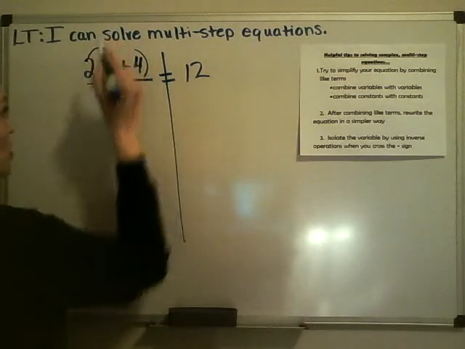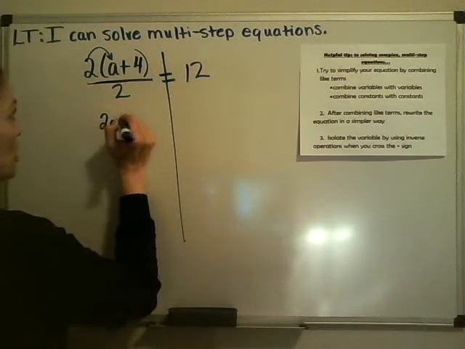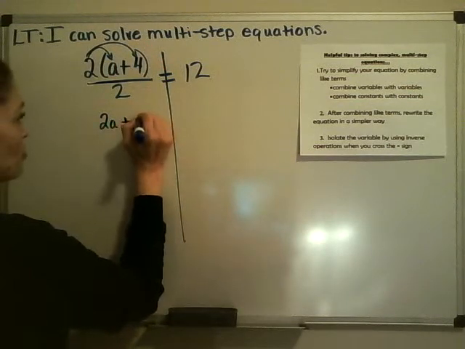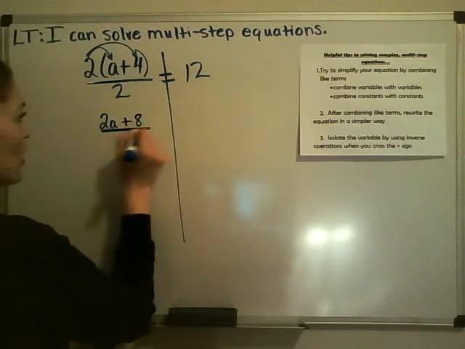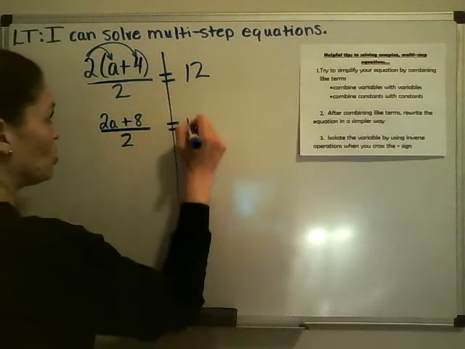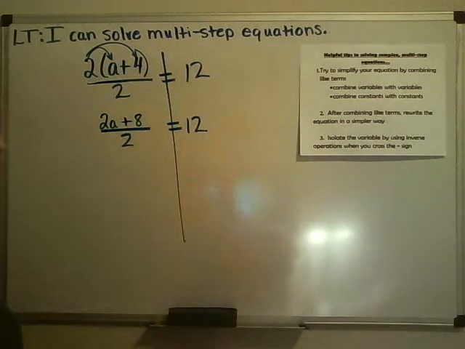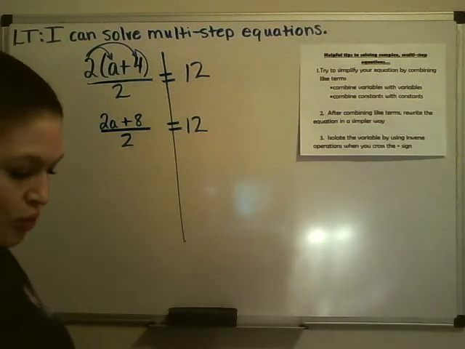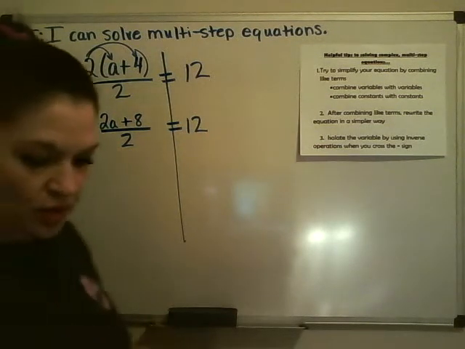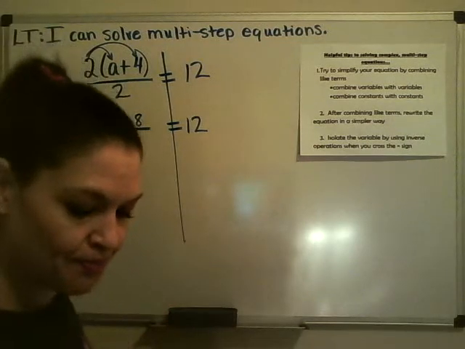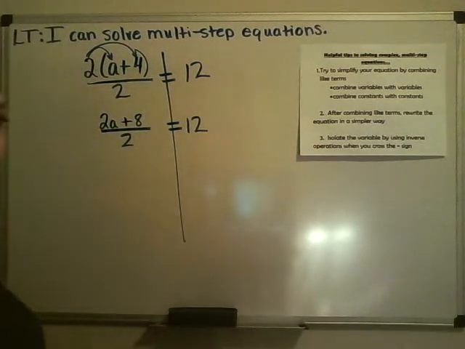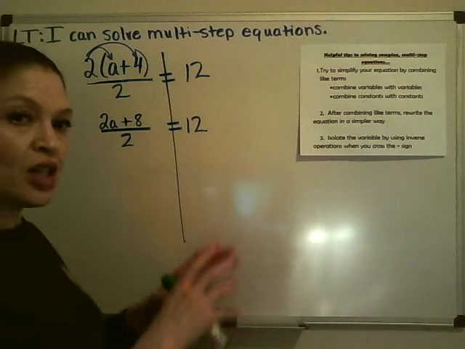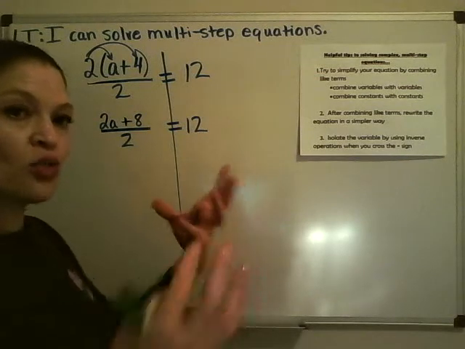So 2 times a, that is 2a. 2 times 4, that is positive 8. Divided by 2 equals 12. All right, I have to get a by itself. So what can you get rid of? The easiest. What do you think? That division of 2 can be undone, and it will start to unravel the problem.